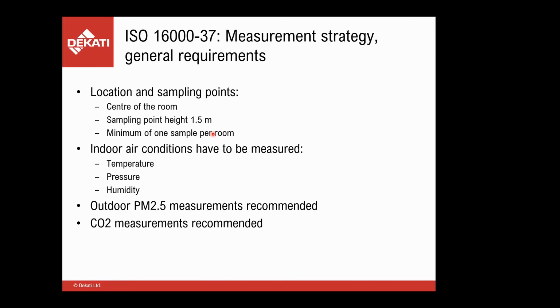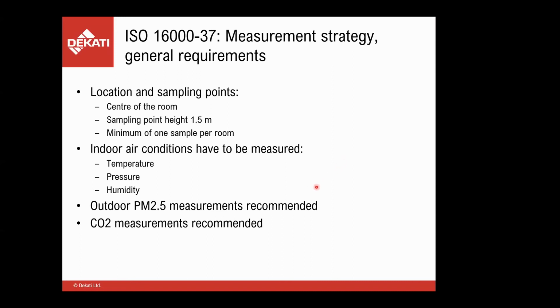So in terms of measurement strategy and general requirements, this is now a little bit repeating what's, of course, in part 34. The basic requirements: center of the room, sampling point height about 1.5 meters, and there should be a minimum of one sample per room measured. And of course, the sampling point height would more or less represent a typical height of the breathing area of someone standing in the space.